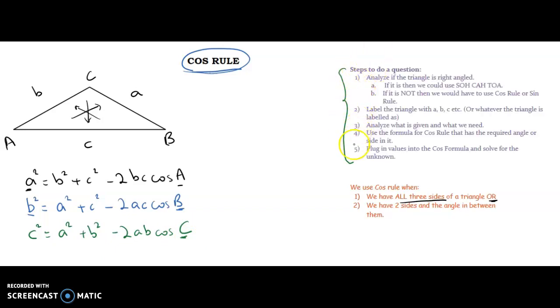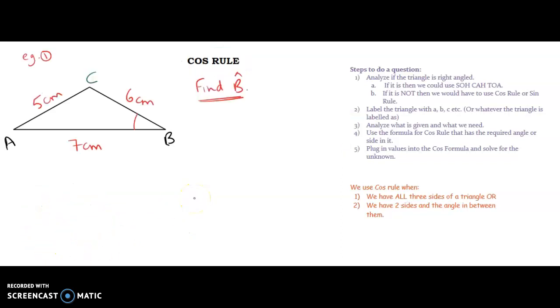So this is a breakdown of the steps that I feel we can follow when we have to do a question. So the first thing I'm going to do is start with a question and follow these steps. Example 1. Say I was given this triangle here and I was asked to find angle B, that is here. Now the first step is to analyze the triangle to see if it's right angle.